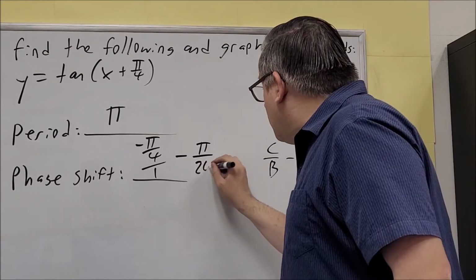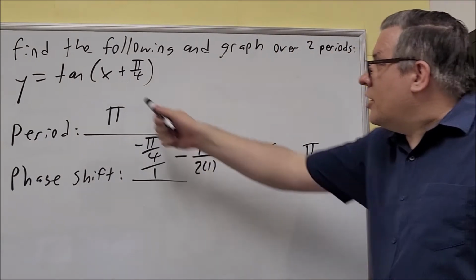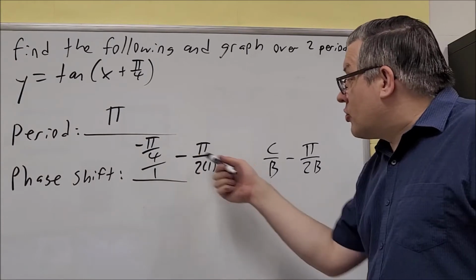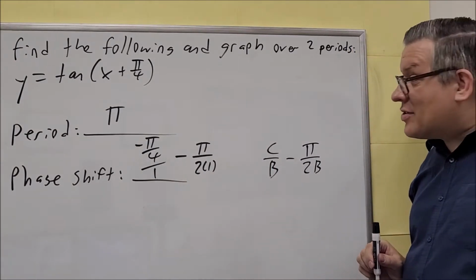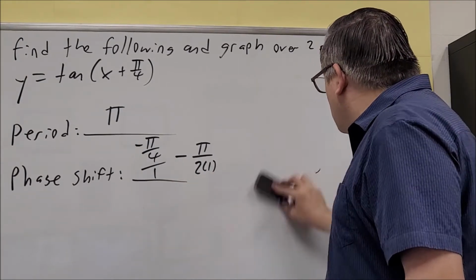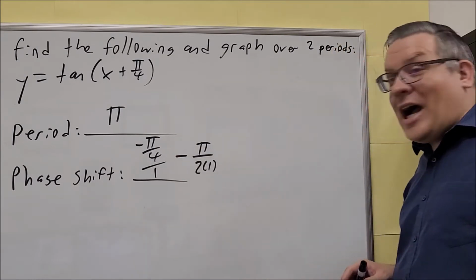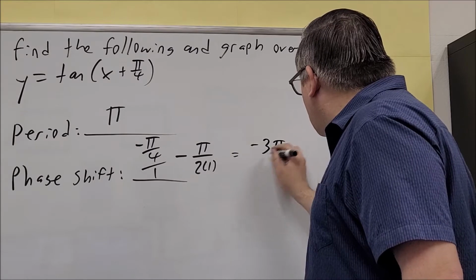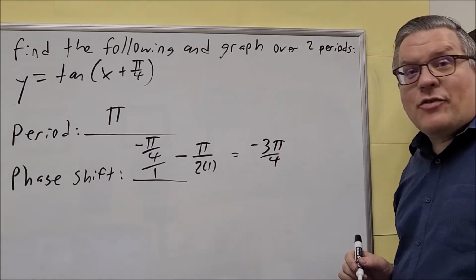And that's going to be 2 times 1 because, again, the b value here is 1. Then we're just going to subtract that, and that's going to give you your phase shift. What we have for this one is negative pi over 4 minus pi over 2. That's going to give you negative 3 pi over 4.